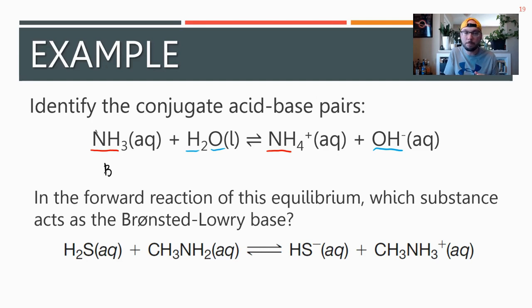That means if this is the base, the other one should be an acid. We know that acids donate hydrogen away. We can see H2O becomes OH minus. So it went from 2 hydrogens to this 1. So this makes this an acid. When we go in the reverse direction, going backwards, you can see NH4 plus transforms back into NH3, so it loses a hydrogen or donates it away, which makes it a conjugate.